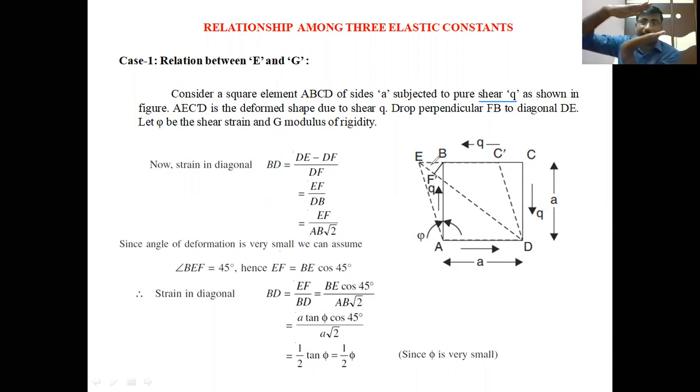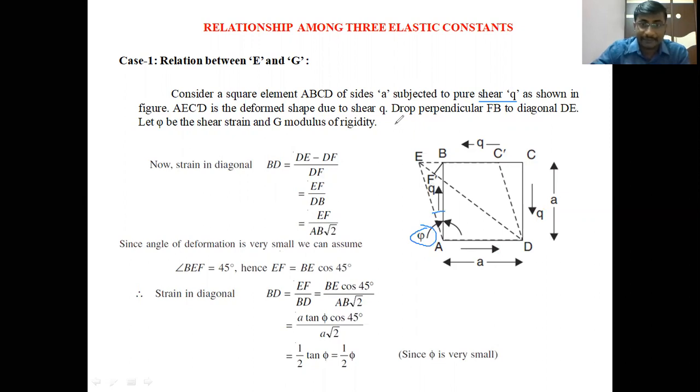If we apply the load on the surfaces, it will deform like this as a parallelogram, and angular deformation takes place. Some angle will be formed after applying the load. That angular deformation is called the shear strain, which is denoted by phi. This much of angle is deformed by applying the shear force on the surfaces.